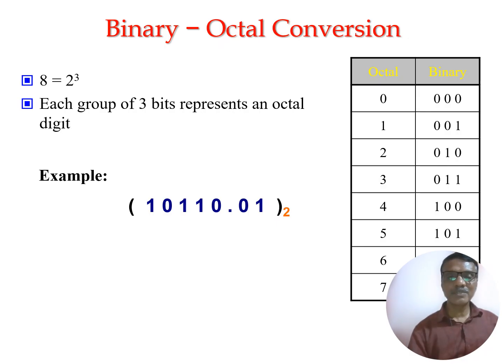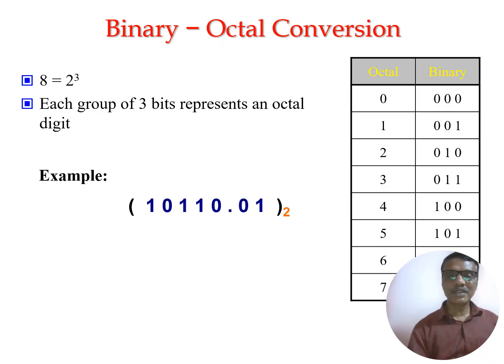So from the decimal point, I will take 3 bits as one group, and then the next 3 bits as another group. So here only 2 numbers are there, no problem. So the last bit will be considered as a 0.